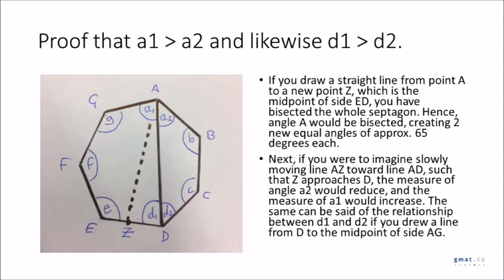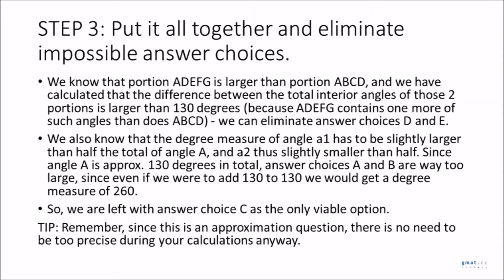So let's put this all together. This is the final step. We know that portion ADEFG is larger than portion ABCD. We've calculated the difference between the two interior angle totals of the two portions is the one extra 130 degree complete angle. So, as I said before, we eliminated D and E. We also know that the degree measure of angle A1 has to be slightly larger than half, in other words slightly larger than 65, and that A2 thus is slightly smaller than 65.